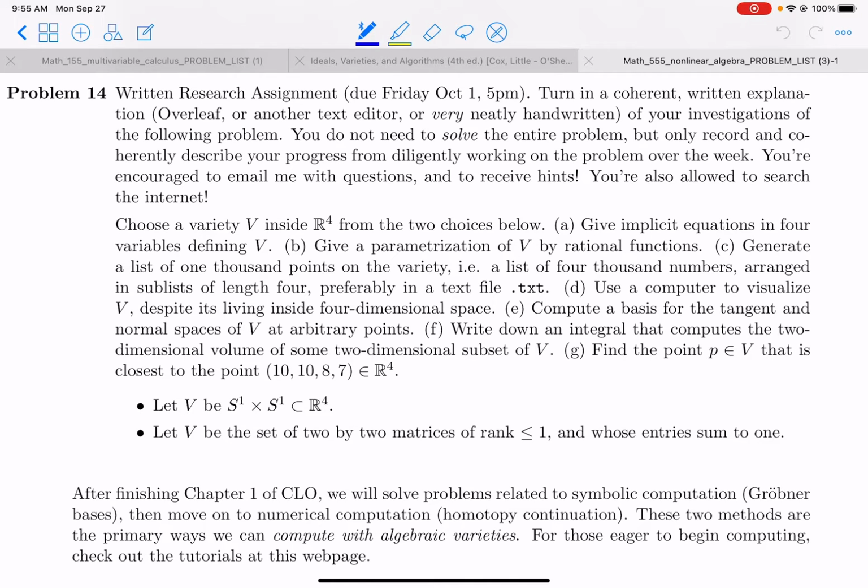So this is your assignment. It's graded, but it's not graded on whether you've completely solved this problem. It's graded rather on your ability to clearly and coherently explain the many investigations you undertook this week.